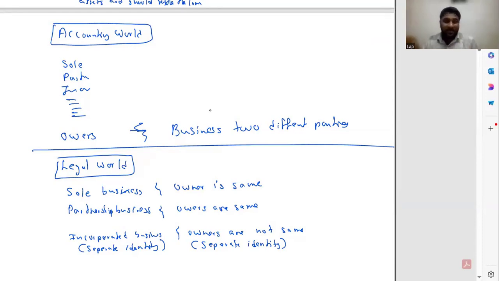Now we'll assume inside Manji, someone commits suicide. The legal system cannot go and ask questions from the owners. Do you know from whom they should ask the questions? From the business, because it is a different person. They are having a separate identity, for the incorporated business.